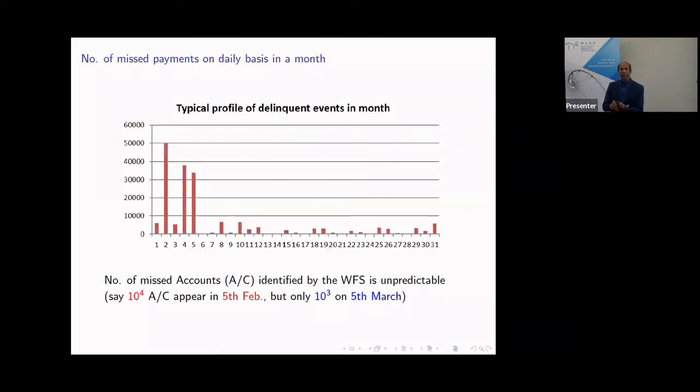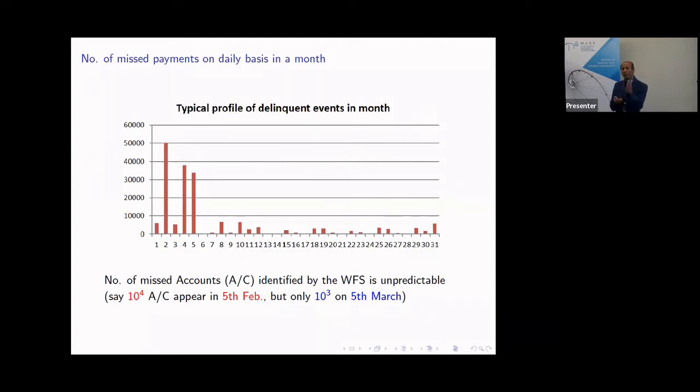So here is a month, I think this is the month of March. April will not be the same, but the beginning of the month is similar, though not exactly like this. Every month is different. Here in this particular month, 50,000 accounts came into the system that failed to pay, because there are many millions of customers at the beginning, day number 2 or 3, and so on.